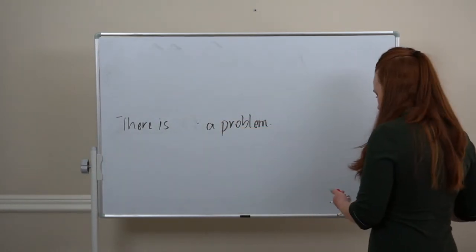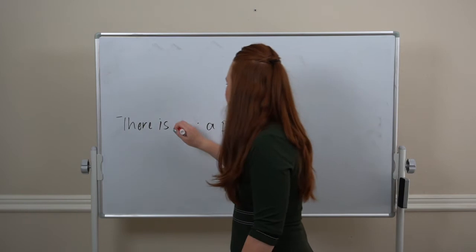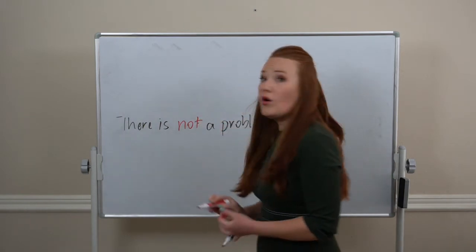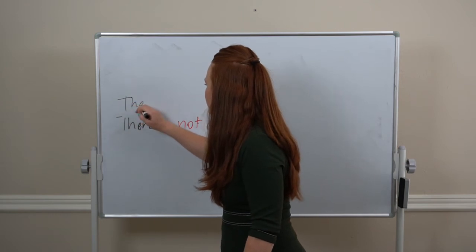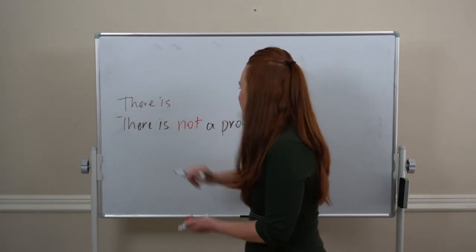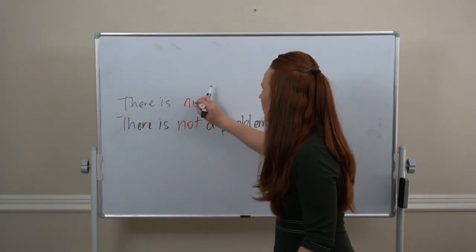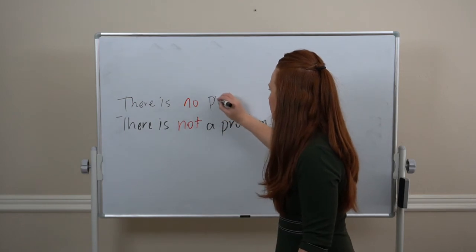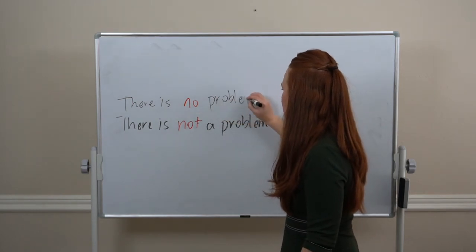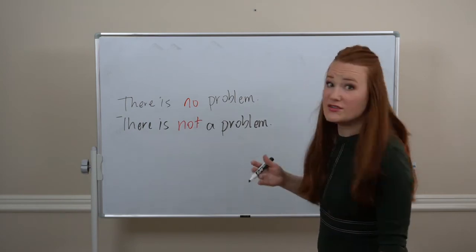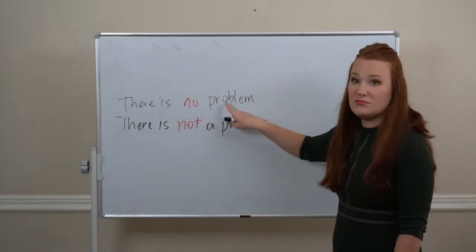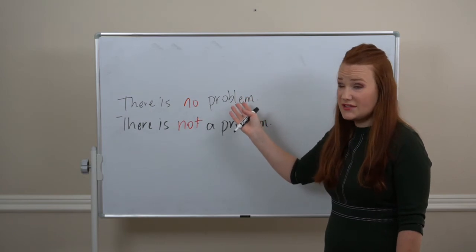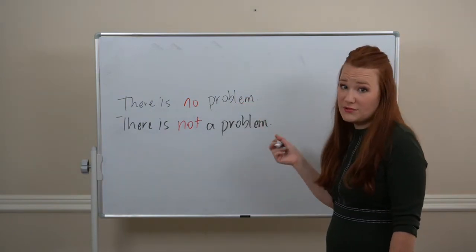There is not a problem, or I can say, there is no problem. So we can do not after the verb, or we can do no before whatever that subject is. There's no problem, there's not a problem.